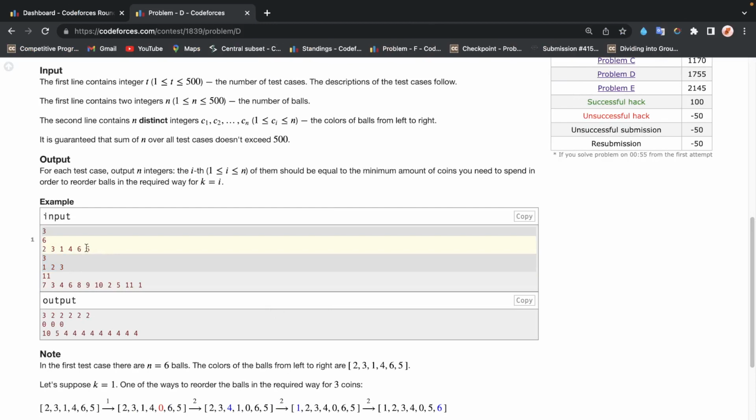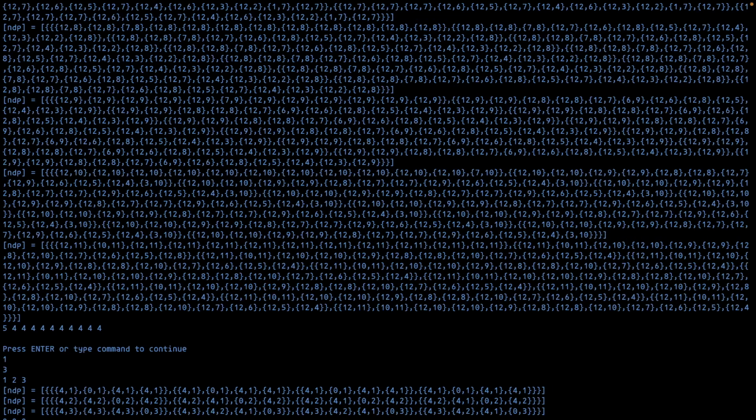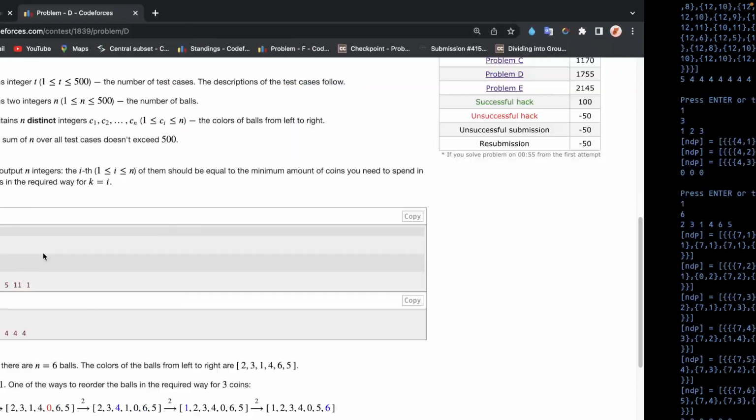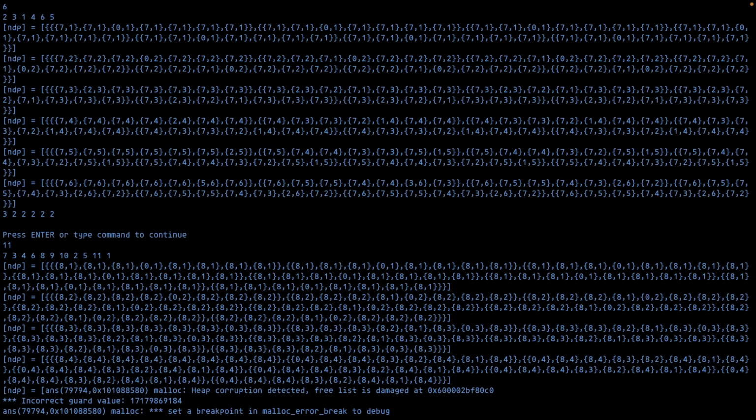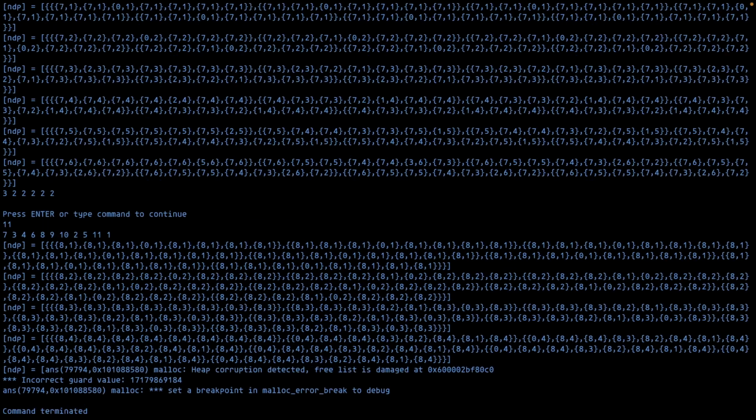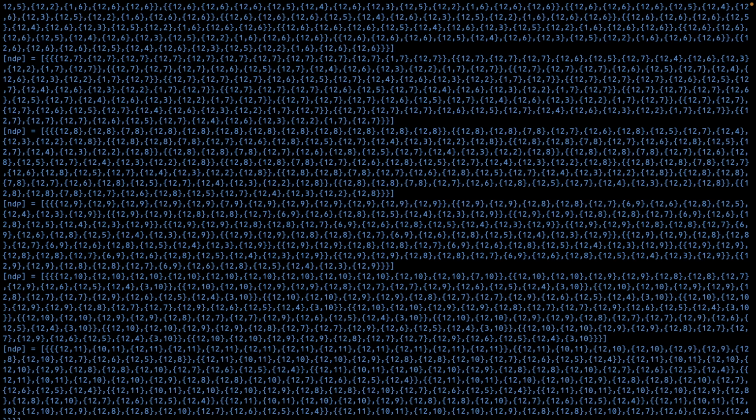At least they got this right, bro. Only thing that's wrong is this one. 5 4 4 4 4 4 4. This should be 10 5 4 4 4 4 4 4 4. Well, the count of 4, let's see. Is it correct? Yes, the count of 4 is like the total number of output is correct.